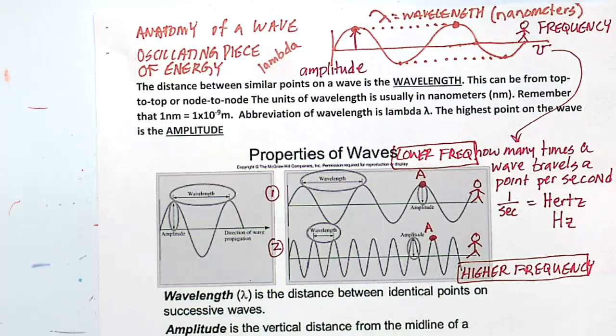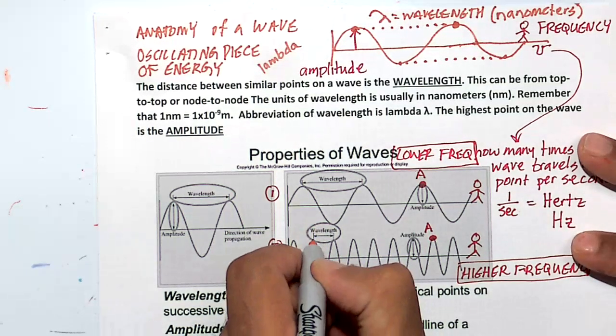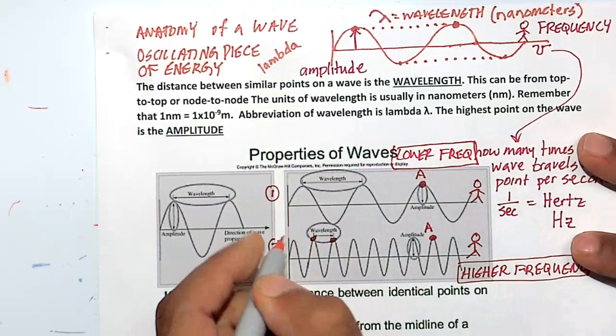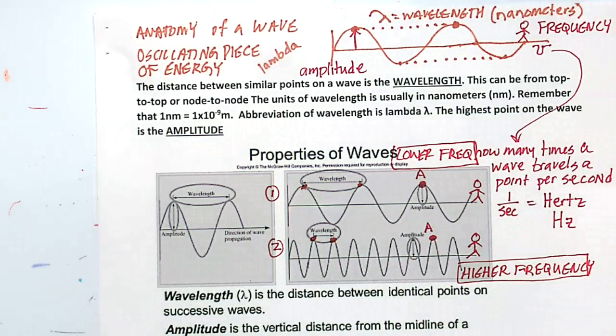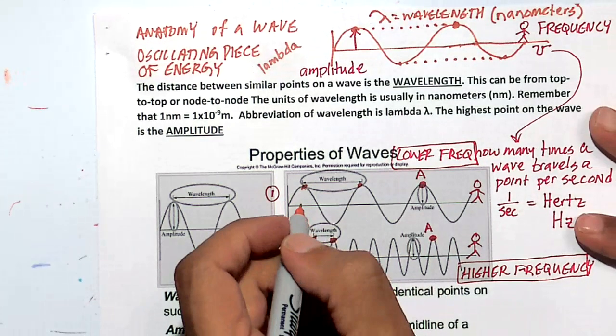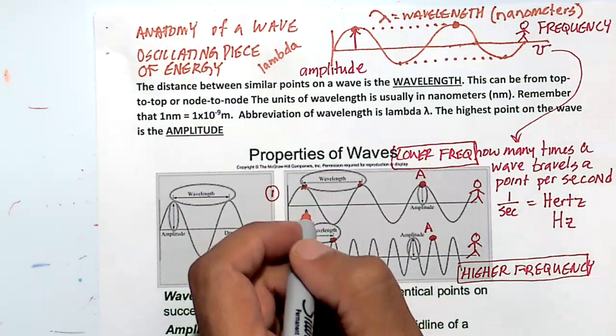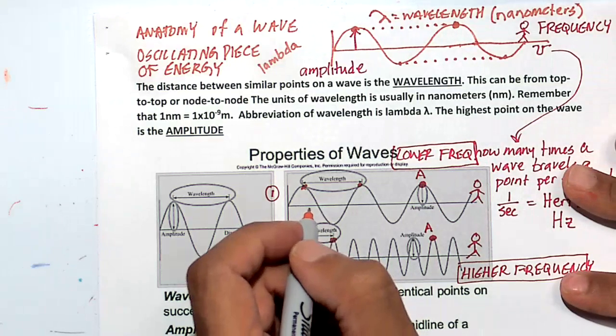What about the wavelength? Pick top point to top point. Which has the larger wavelength, wave 1 or wave 2, Alex? Wave 1 has the longer wavelength.